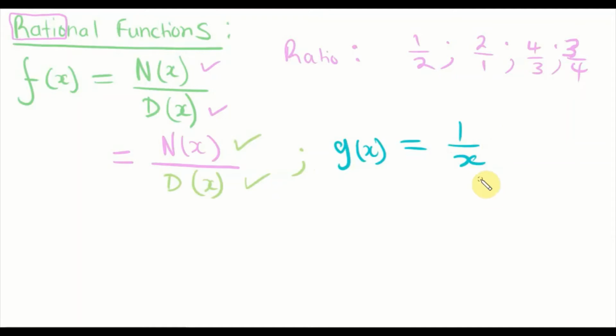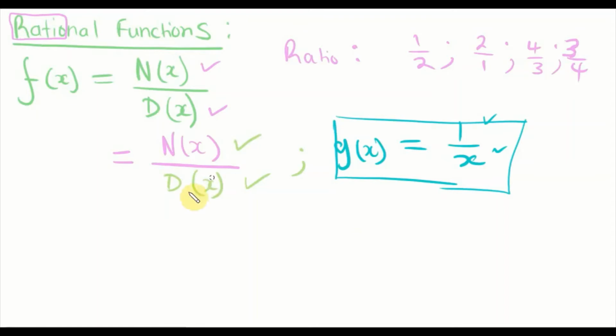Does it have a denominator? Yes, the denominator is x. So by the definition of a rational function, this function fits the description. So yes, g of x equals 1/x is exactly a rational function.